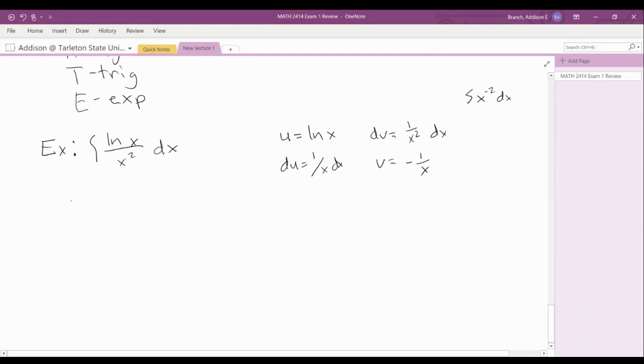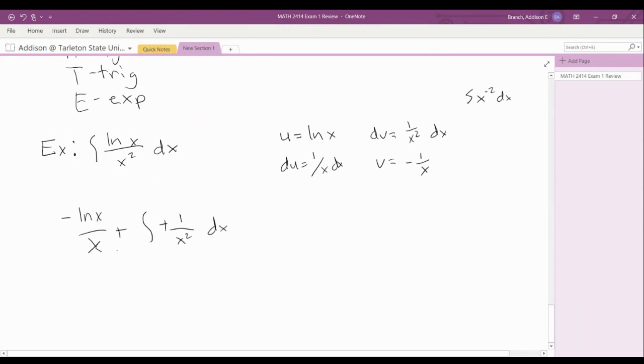We have our uv, so that's natural log of x times negative 1 over x, so negative ln of x over x, minus the integral of our v du, so we have 1 over x times negative 1 over x, so negative 1 over x squared dx.